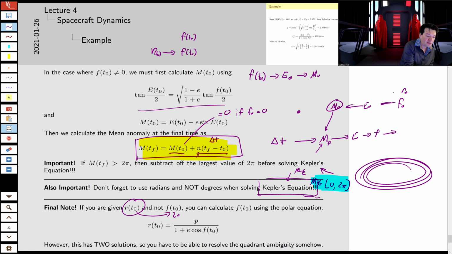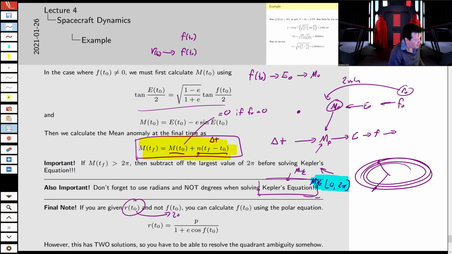So when you're going back from r naught to M naught, there are 2 possible values of M naught if you're just given r. You need a little bit more information on whether you're on the outbound or inbound trajectory. So that could be there or there.